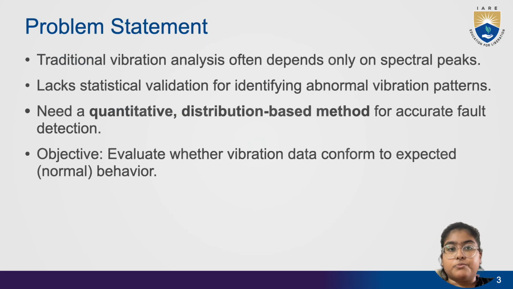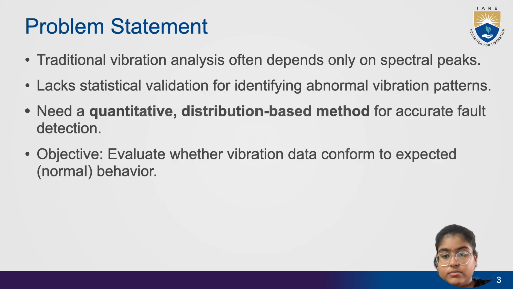The main problem we're addressing is that existing vibration analysis techniques often depend only on pattern observation. For example, looking at peaks in a frequency spectrum. This can sometimes be misleading because not all deviations are faults and not all faults cause visible peaks.